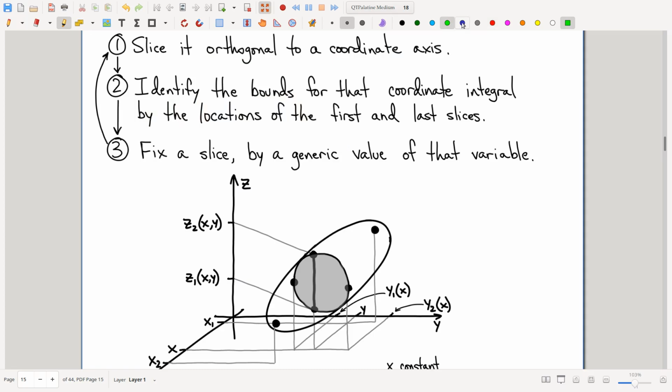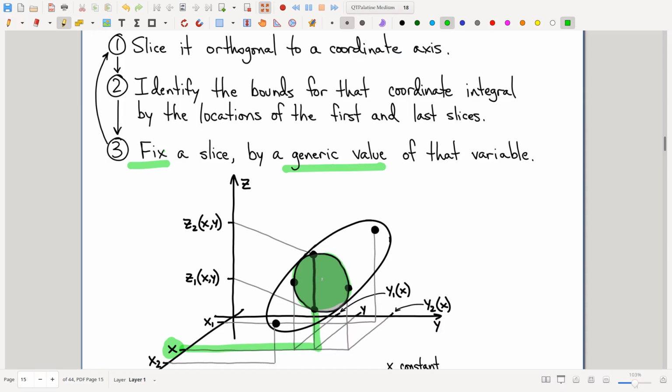So again, a generic value of x gives me a slice that looks something like this. We're going to fix that. As we go through and do the y slicing and the z slicing, all of our attention is going to be on that one x slice.